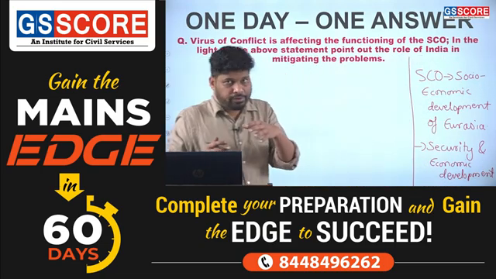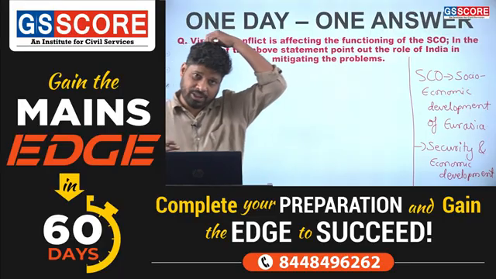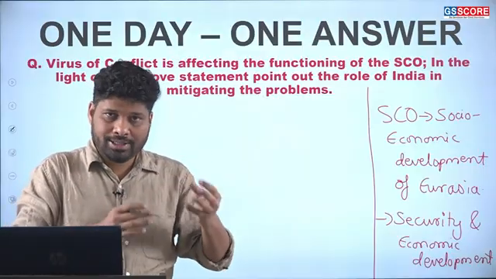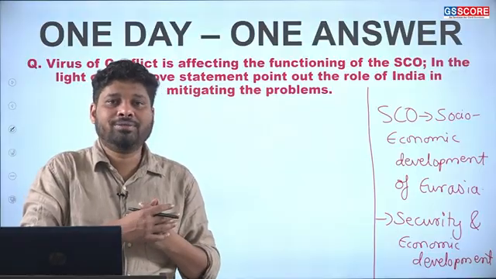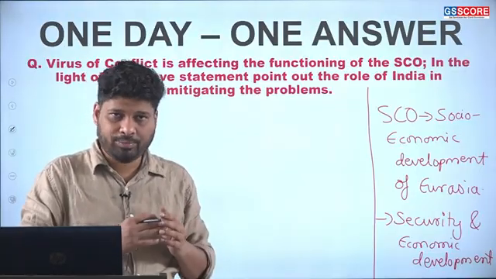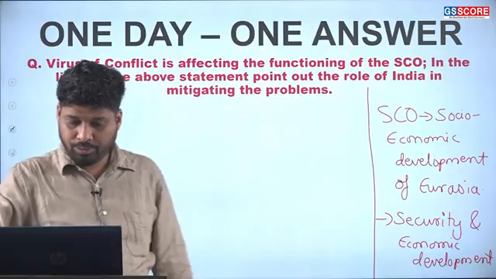Then you have to go towards the bridging statement. And what is the bridging statement? Although the organization has a lot of potential, it is driven by rivalries within the countries that are members of it. Then come to the main body of the question.